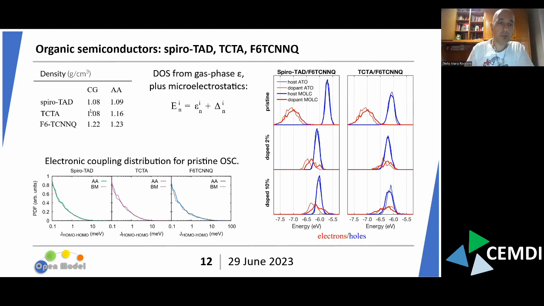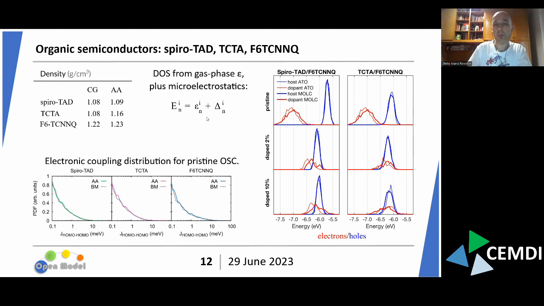We have quite good agreement between the coarse grain and the reference atomistic simulations in terms of density, but most importantly, what we're looking at here are the energetics in this system. So the first thing we computed was the density of states of the electrons and holes in the system.